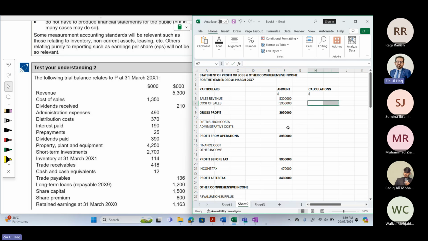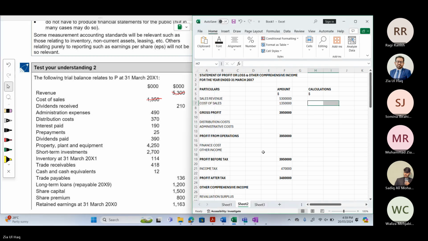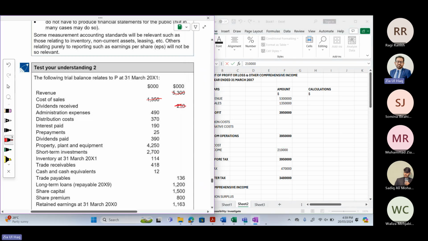Okay, distribution cost is given in the question. Let's see one by one. This we have done. Dividend received 10,000, other income 10,000. Done. Admin cost 490,000.